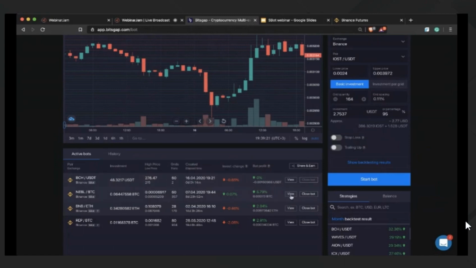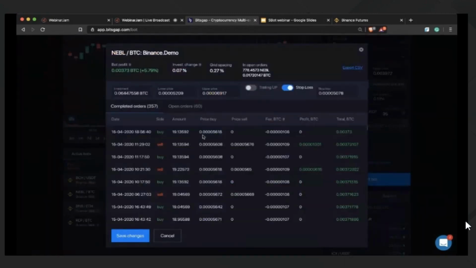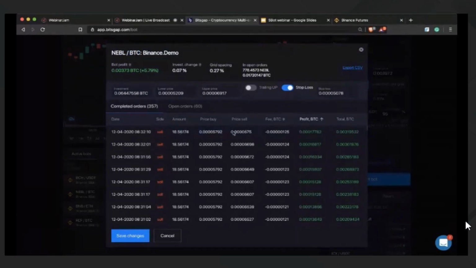So let me show you. Here's the example. You see, in my active bot right now, Niblio trading to Bitcoin, I have completed 357 trades, and you see that here's the buy price, and here's the sell price, and here's the profit. Note that the fee is taken into account.